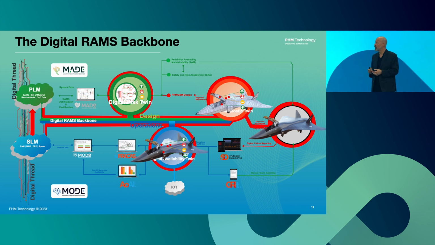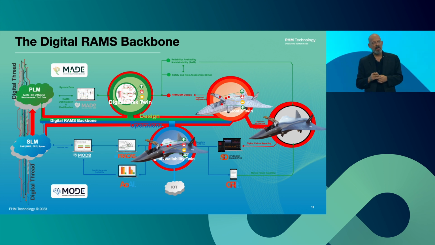And then from that, what it means is, certainly for high value assets, you can start to develop what we call a digital availability twin. So the risk twin looks at the configuration of the system from a class perspective. The availability twin says, if I have a fleet of 10 aircraft, each of them performs slightly differently. The failure rates for different systems on different aircraft is slightly different.